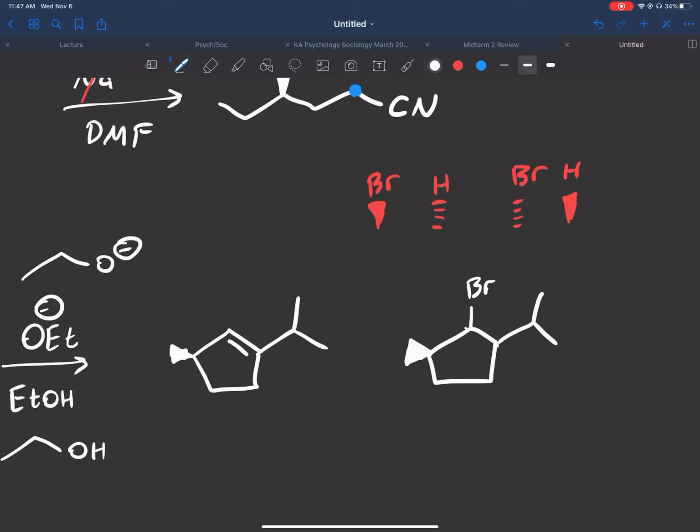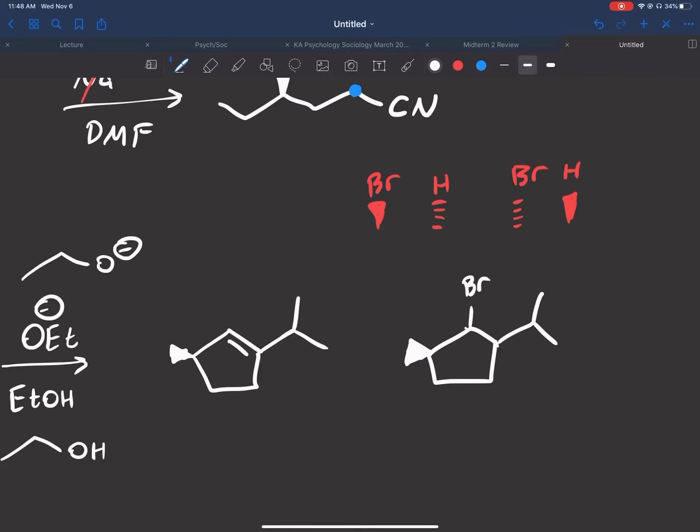If we put this here, it could form a double bond here, or it could have formed it here with equal substitution. So that's one possibility. If I formed it there, it could have formed either there or there. That's another. But let's look at the first case.